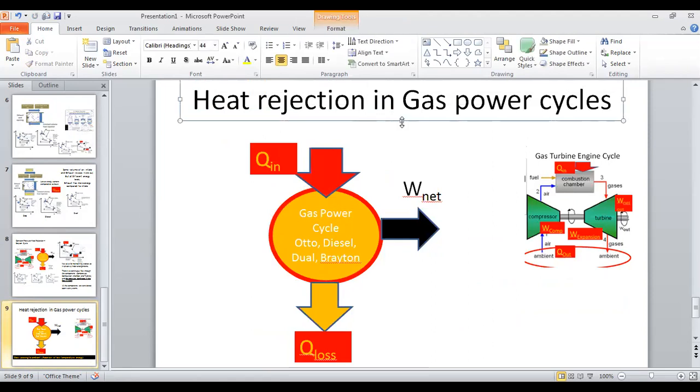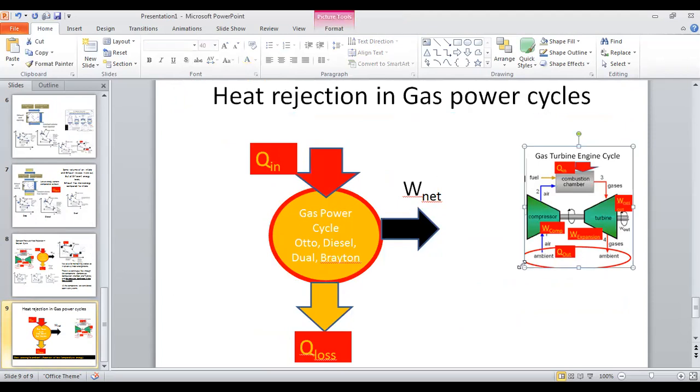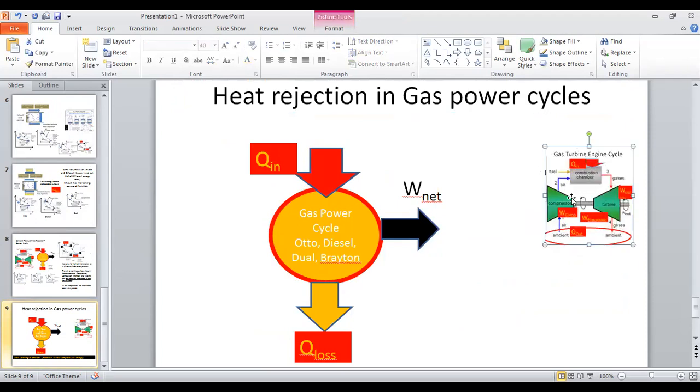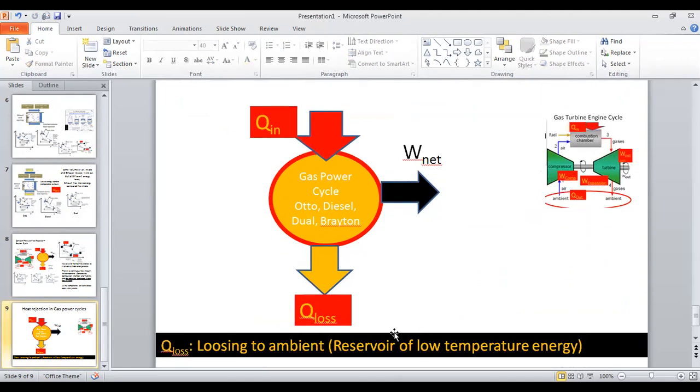Yeah, of course, all common. Yeah, we'll put this way. Not only for this. So QL losing to ambient, or that is reservoir of low temperature.